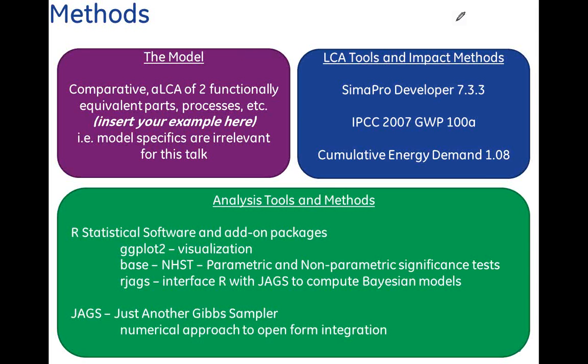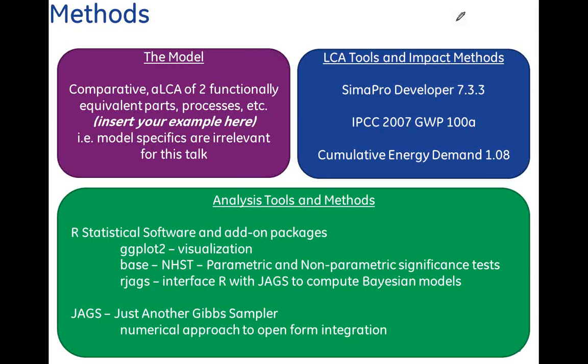So the model is basically a comparative LCA of two functionally equivalent parts, processes, etc. I say insert your example here because the specifics of the model are irrelevant, since it's a comparison. It doesn't matter whether I'm comparing glass bottles to plastic bottles or one turbine blade to another.